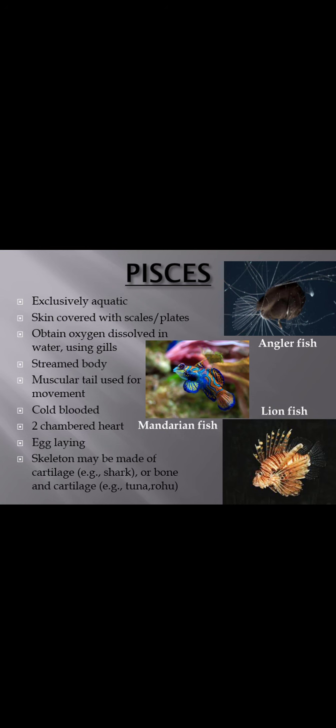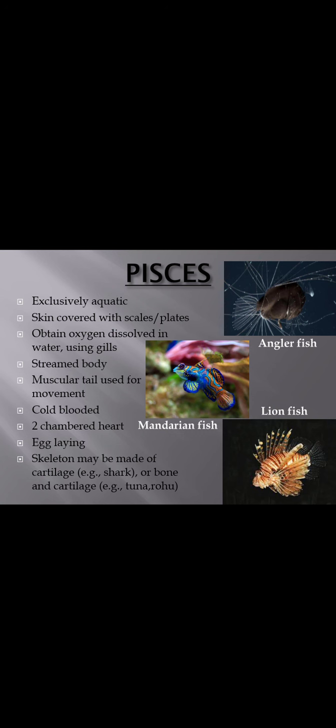They obtain oxygen that is dissolved in water using gills. We know, children, the respiratory organ in fishes is gills. Whenever they are inside the water, they utilize the dissolved oxygen and respire. And their body is streamlined, as you can see, with the scales present.